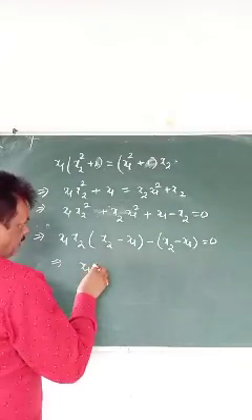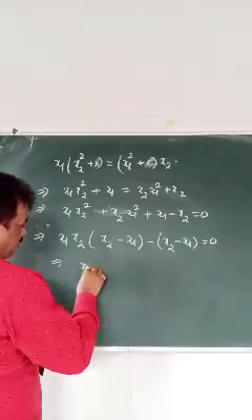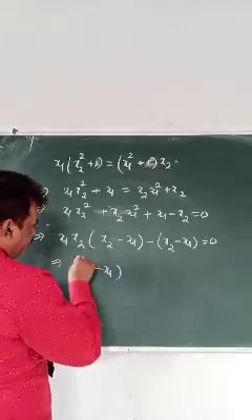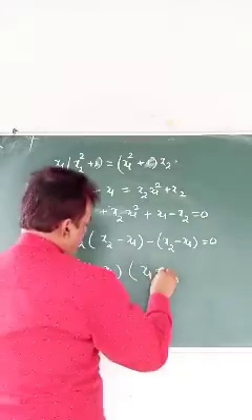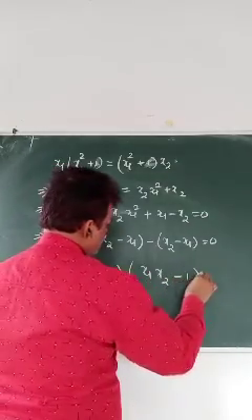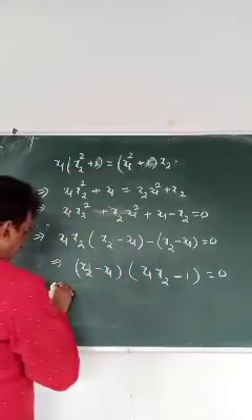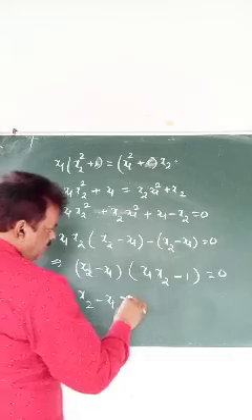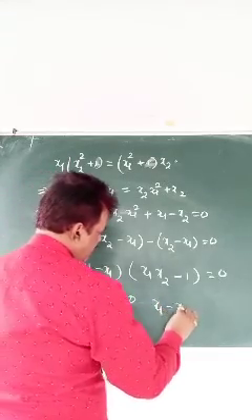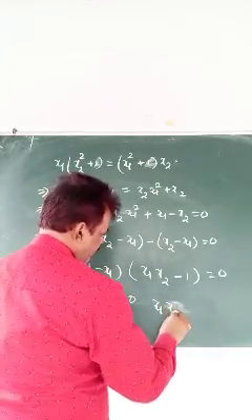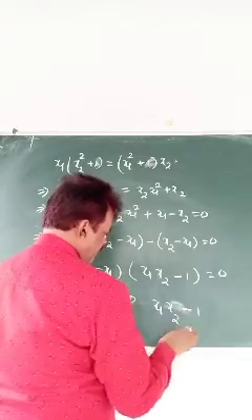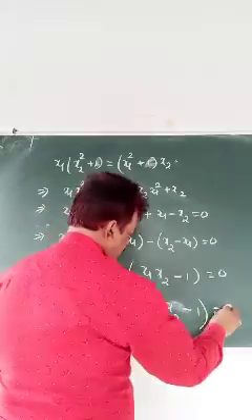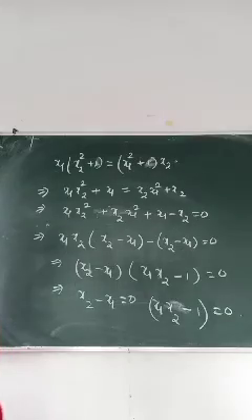So x2 minus x1 common, x1 x2 minus 1 equals 0. This implies x2 minus x1 is 0, or x1 x2 minus 1 is 0.